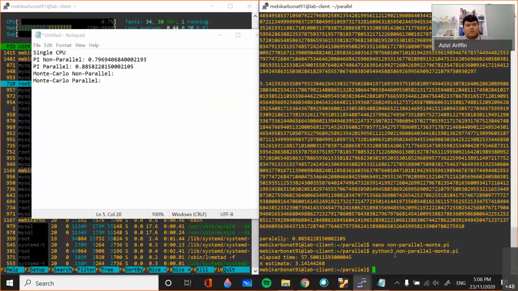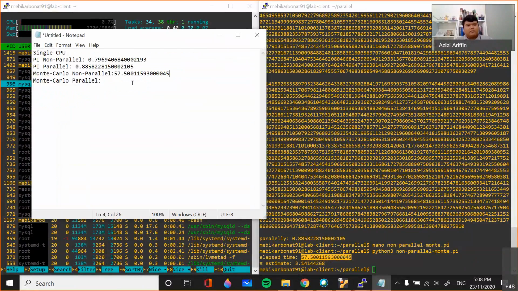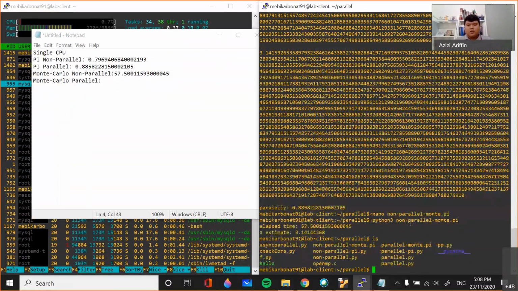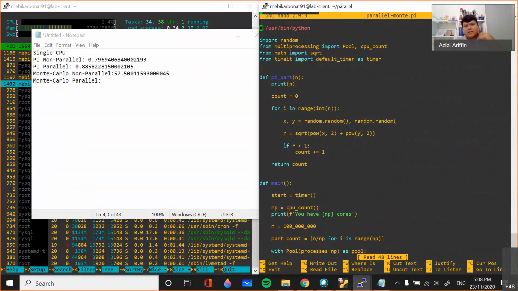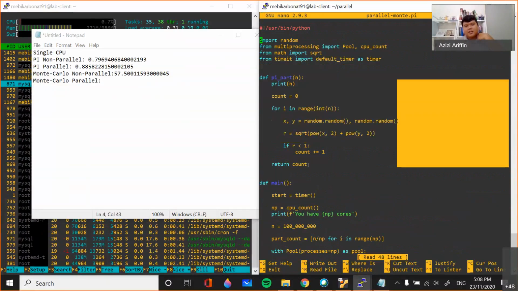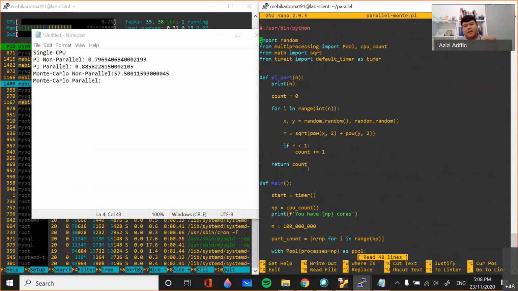Okay. So untuk non-parallel kita ambil 57 second. Right. So ini still single CPU. So kita try untuk parallel punya Monte Carlo. Okay. So kat sini sama je, benda yang sama, function yang sama. Tapi kalau kita nak utilize parallel, kita guna library multiprocessing.